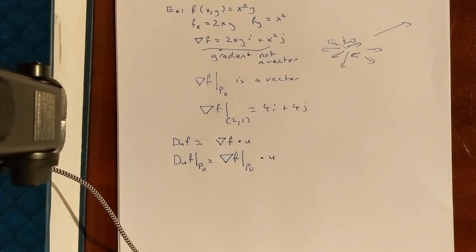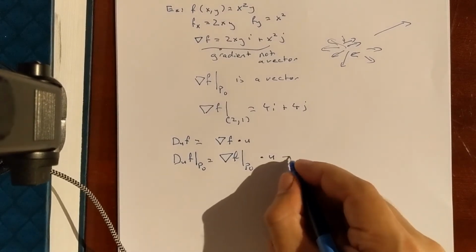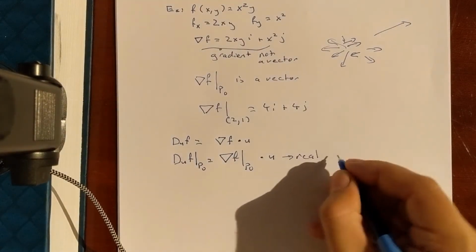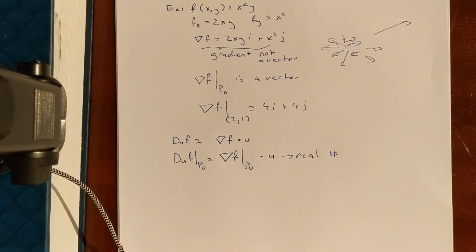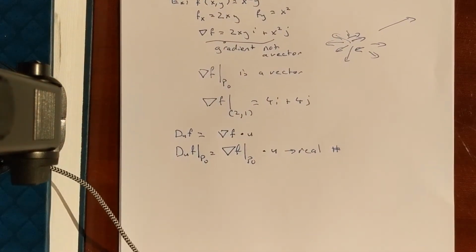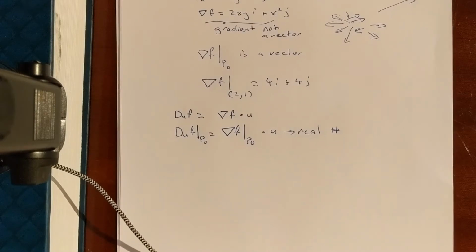You can't plug in anything there, so this would be your answer. This would be a real number, right? It's the slope of a line. Real number. So I showed you guys the proof of that using the chain rule. That was a very neat application of the chain rule.